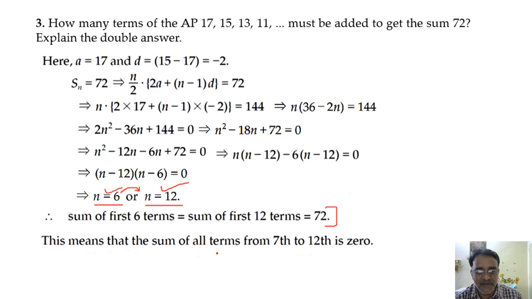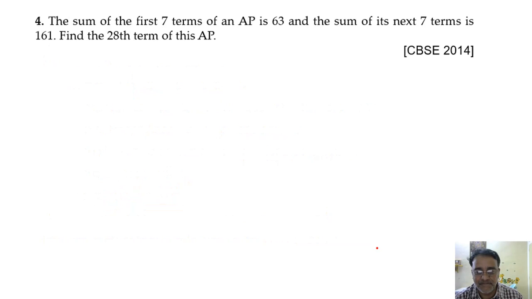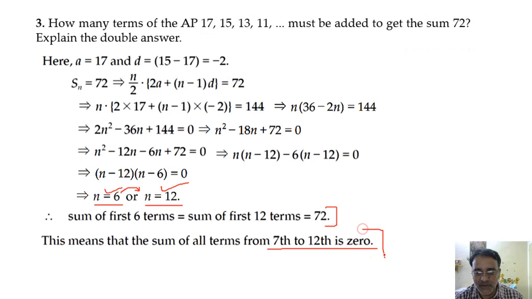This means the sum of all terms from the 7th to the 12th term is 0. This is the explanation of the double answer. Is it clear?